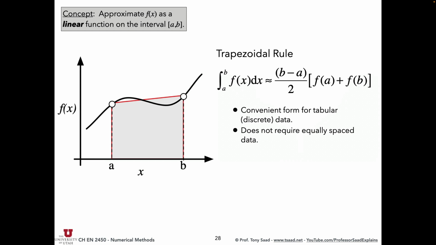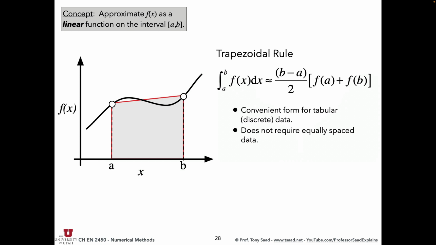The function might be under the straight line, or go up and down, so you cannot really guarantee that. But think about discrete data. What is so nice about the trapezoidal rule? Compared to the midpoint rule, what is better about the trapezoidal rule?